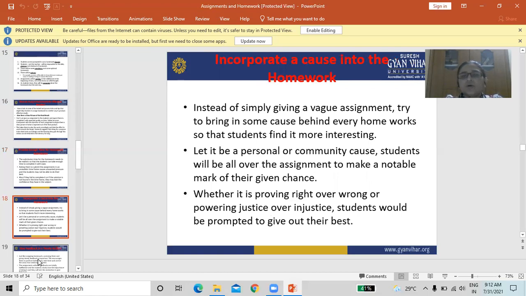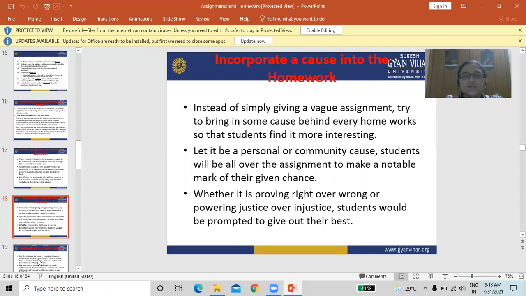Incorporate a cause into the homework instead of simply giving a vague assignment. Try to bring in some cause behind every homework so that the student finds it more interesting. Let it be personal or community causes.